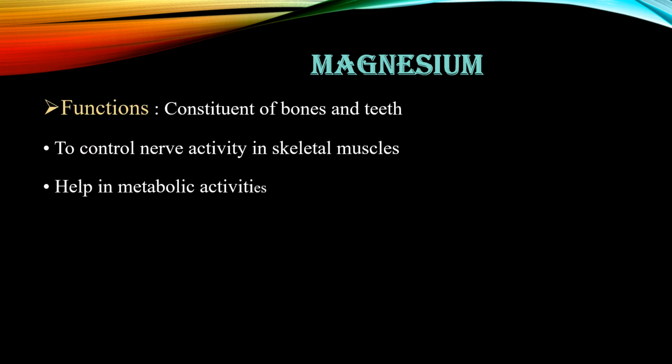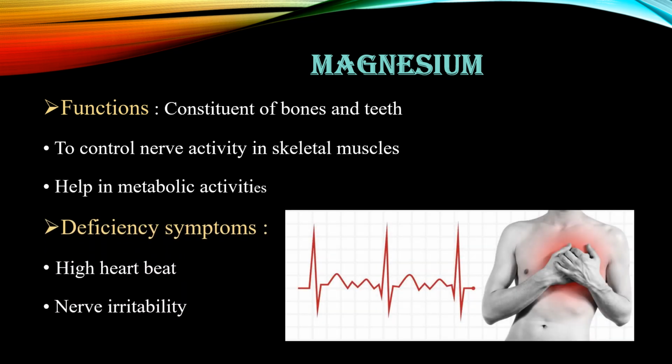Magnesium. Functions: as a constituent of bones and teeth, controls nerve activity in skeletal muscles, helps in metabolic activities. Deficiency symptoms: high heartbeat and nerve irritability.